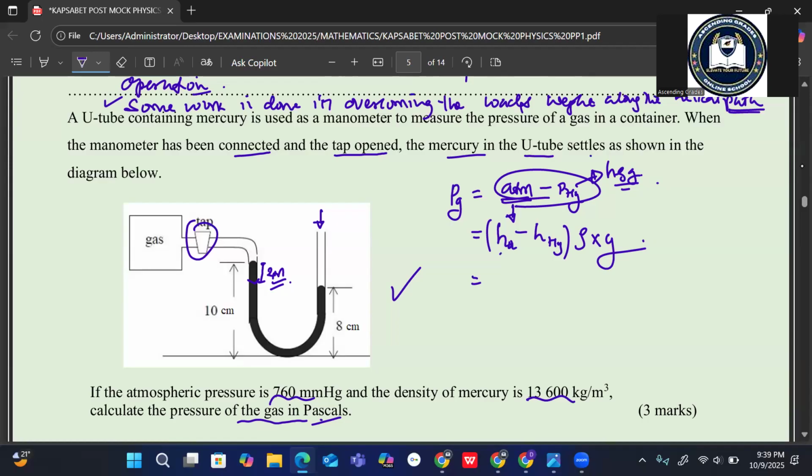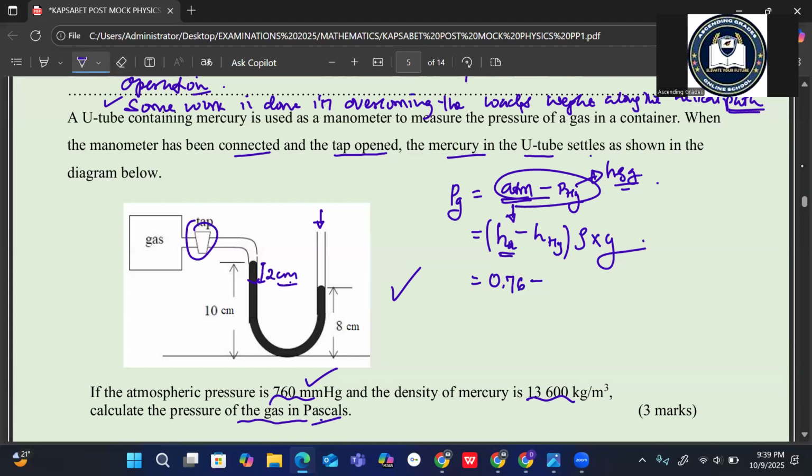Therefore, the height of atmospheric pressure is 760 millimeters, which is equivalent to 0.76, minus, I'm going to do some changes here, this was supposed to be 2 centimeters.